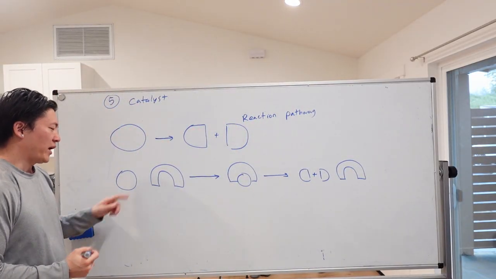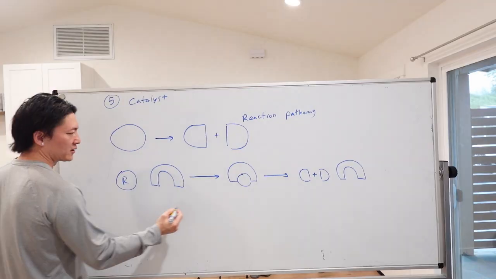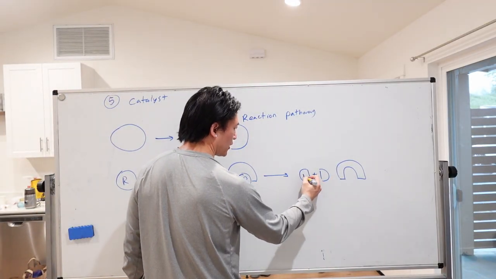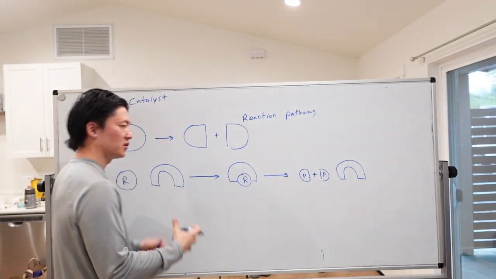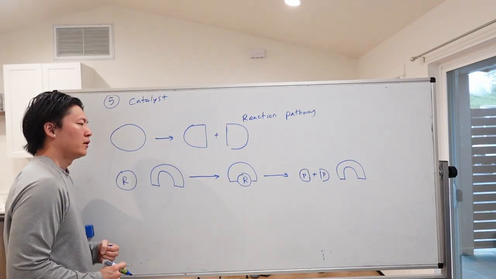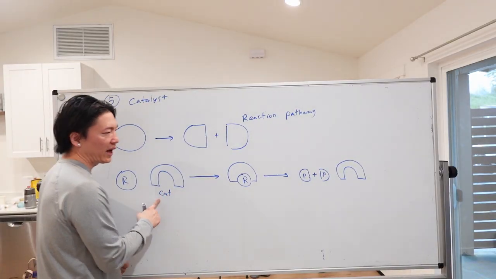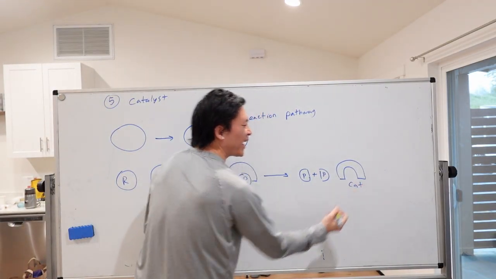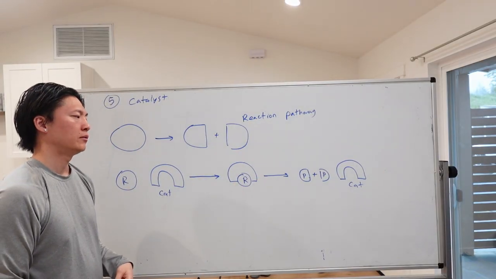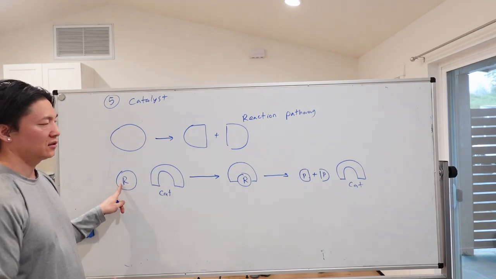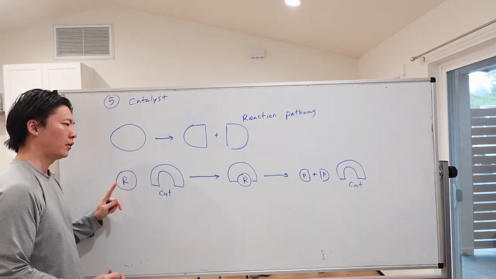Notice that the reactant, we'll call this R, is now two products, because it's not R anymore. But the catalyst, I'll just say cat here, does not get used up. It's still around. The reactant gets used up.